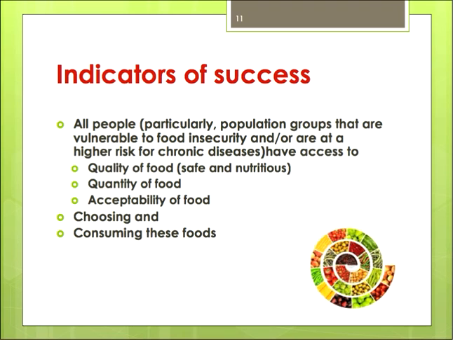Next slide. So two things we've talked about: the important concepts and the context that we work in. Then how do we talk about our successes, or what is it that we are achieving? We need to be able to demonstrate that all people, particularly population groups that are vulnerable to food insecurity or are at a higher risk of chronic diseases, that our work does increase access to the quality of food, the quantity of food, and the acceptability of food.